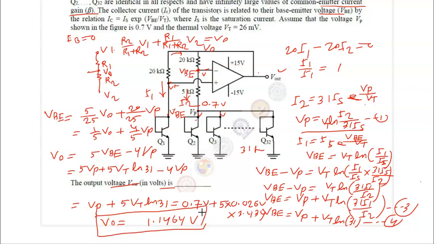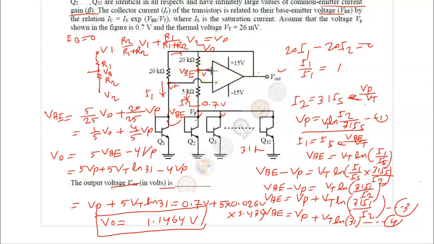So this is all about it. See the intertwined concepts in a single question. The first concept is the diode equation: eliminate the IS. The second concept is the ideal op-amp, so find the relation between these currents. The third concept is superposition.